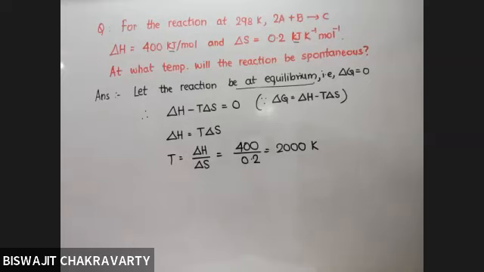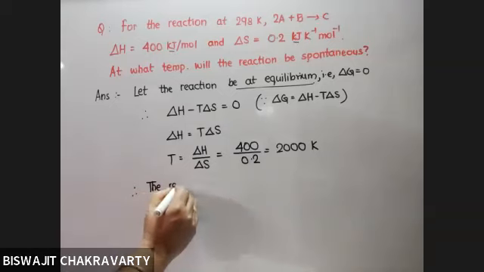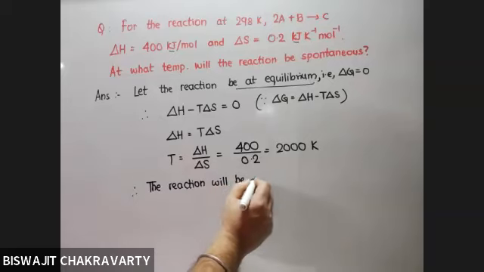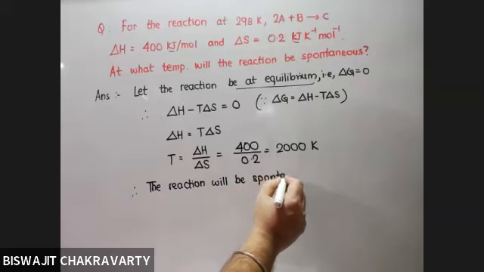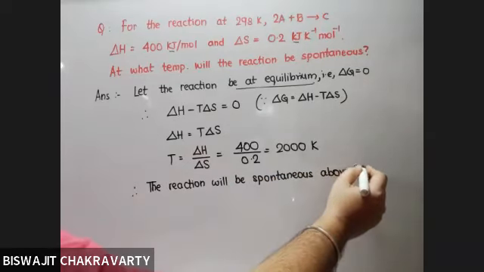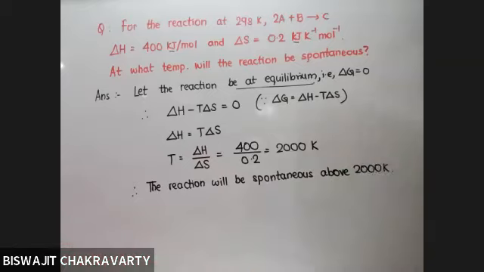And therefore, we can say that the borderline temperature has been calculated. So therefore, the reaction will be spontaneous above 2000 Kelvin. Clear? Understood or not? Yes, sir. And if the temperature is below 2000 Kelvin, then what will I write?